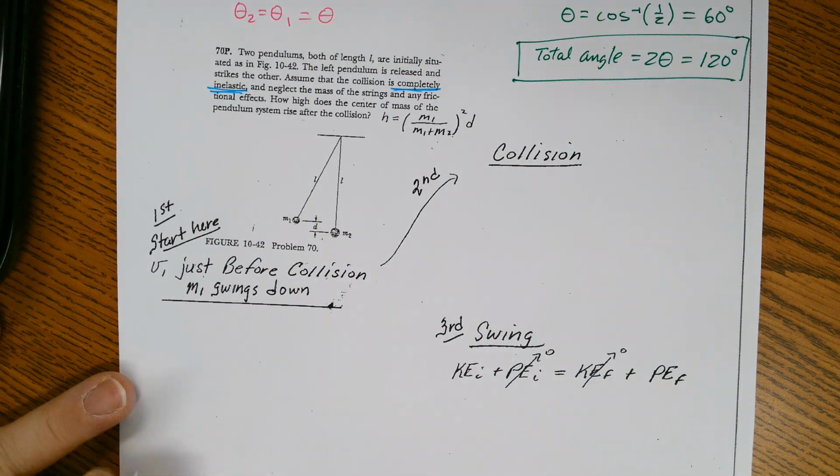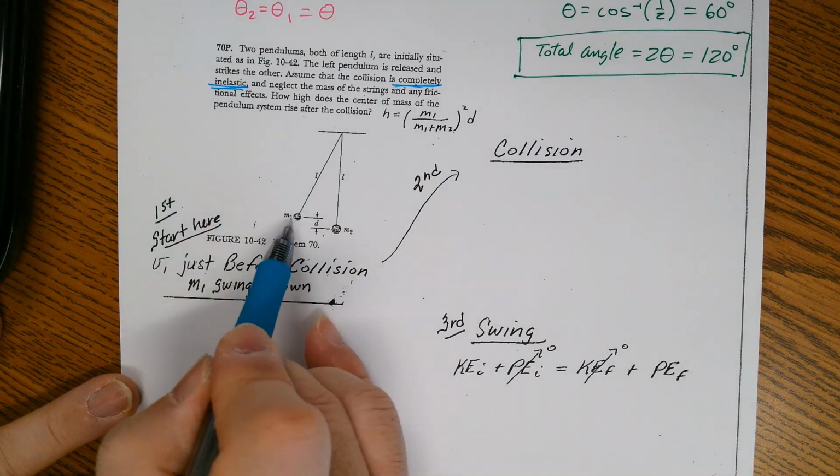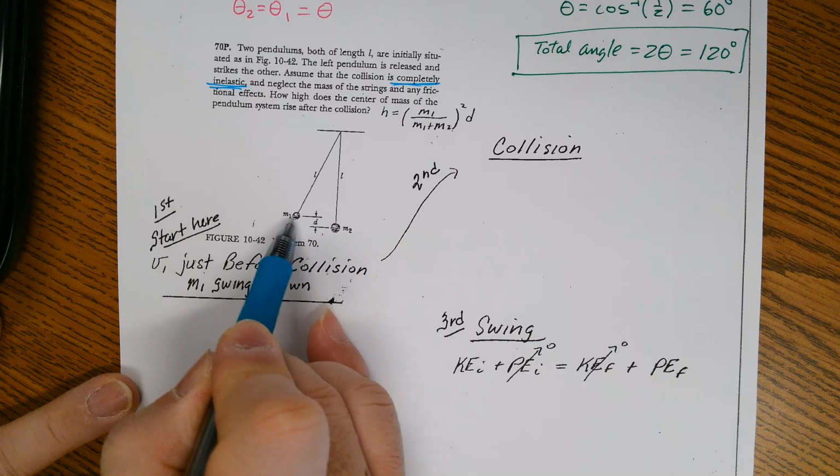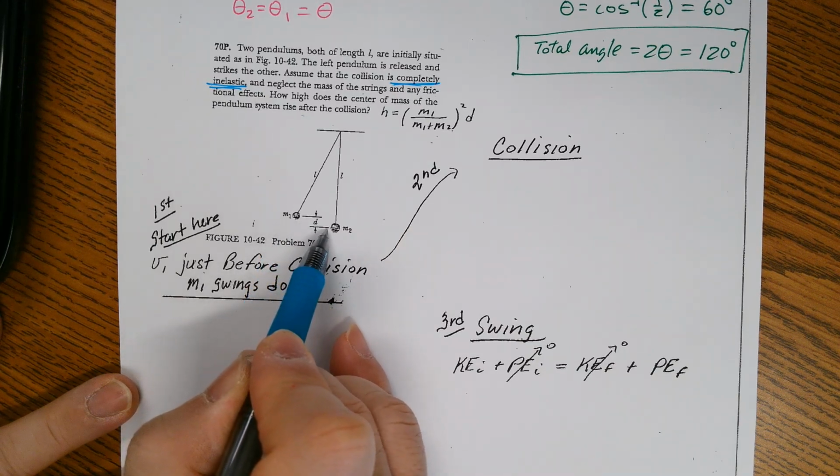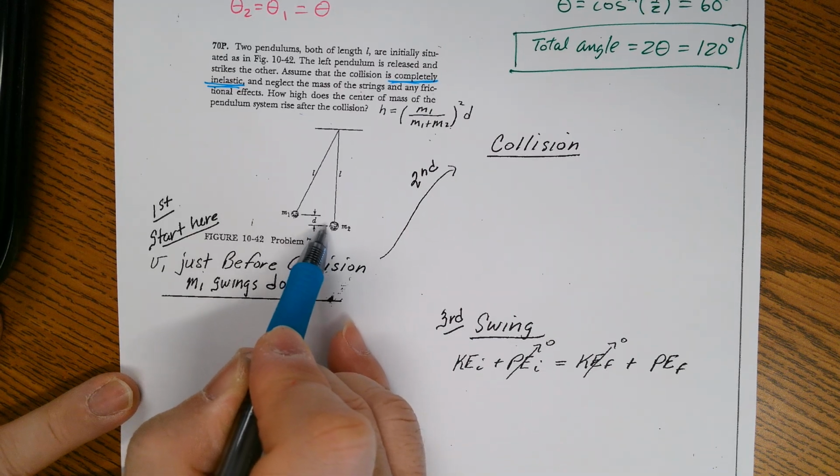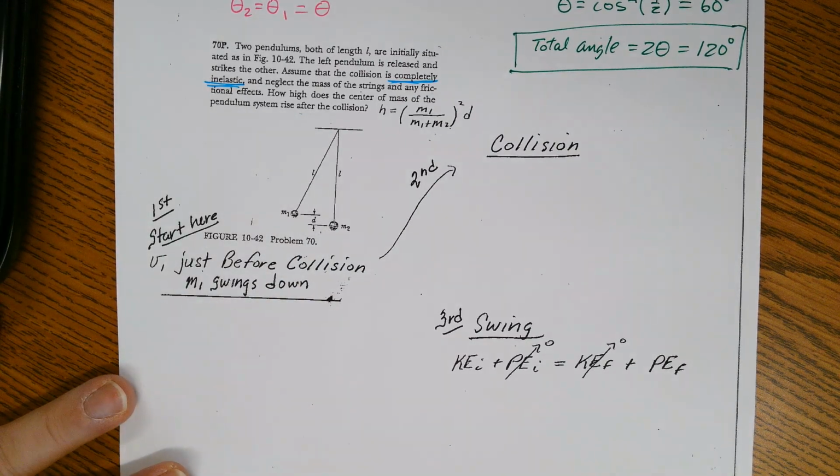So we need to think about how much potential energy this has that will convert into kinetic energy before it collides. That kinetic energy is the key to finding the initial velocity of m1 before the collision.